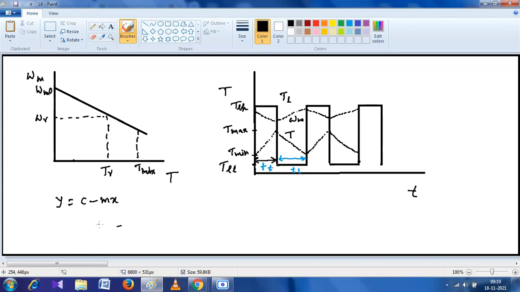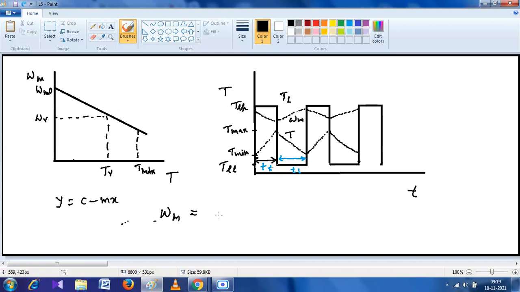If we want to draw the curve, what is the nature? In the y-axis, which quantity have we denoted? We have denoted omega m, the angular speed. What is the value of c here?